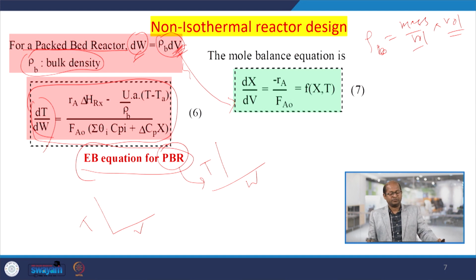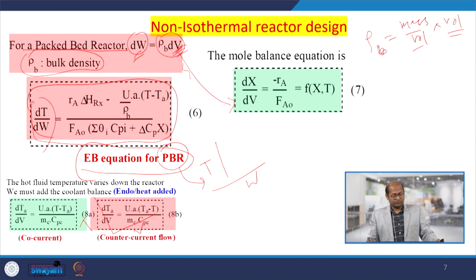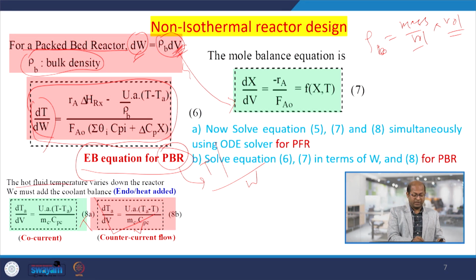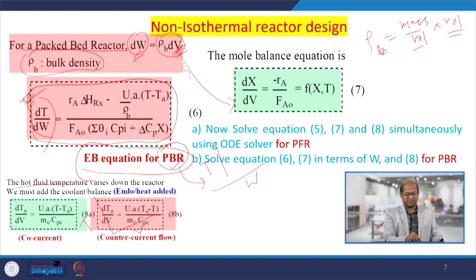So, we have to find out the nature of these differential equations. Whatever we have discussed is the energy balance equation inside the reactor, how the temperature varies along the length or volume of the reactor, or weight of the catalyst for a packed bed reactor, that is equation 6.